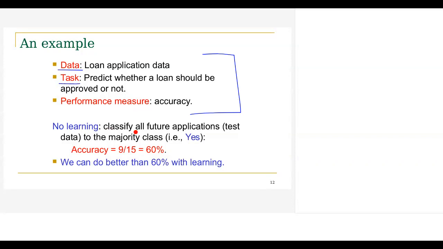No learning means classifying all future application test data as the majority class, yes. If there is no learning, the model will classify all cases as yes. We calculated yes is 9 and no is 6. So we calculate the accuracy.